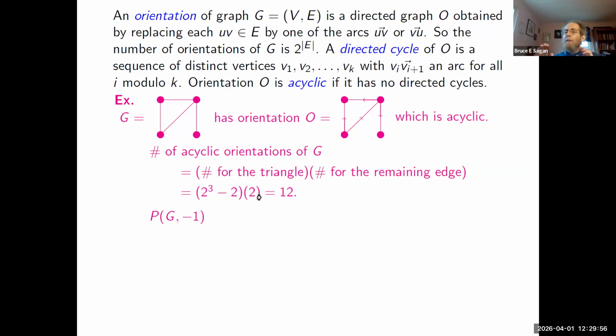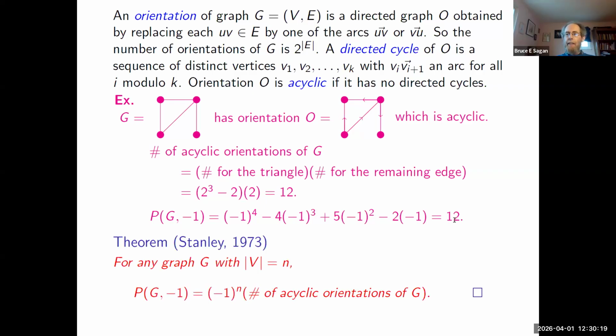But let's just do it, just for fun. Right? So I took the chromatic polynomial that we computed all the way back towards the beginning of the lecture. I plugged in -1. I did calculations and I get 12. This 12 and that 12 are the same 12.